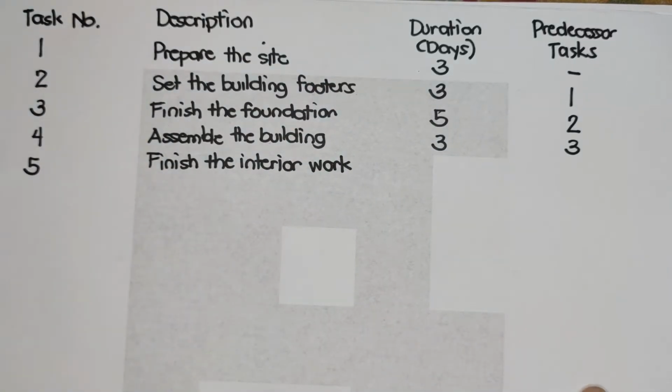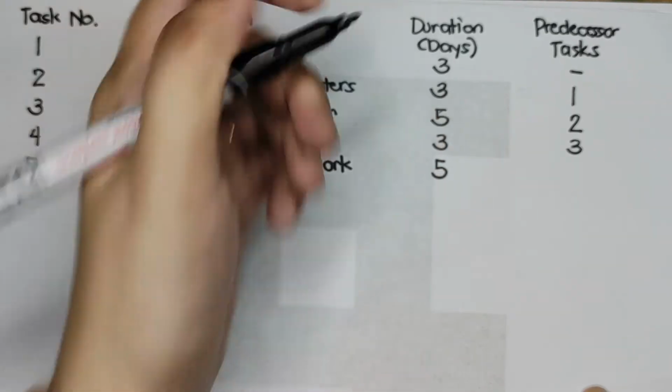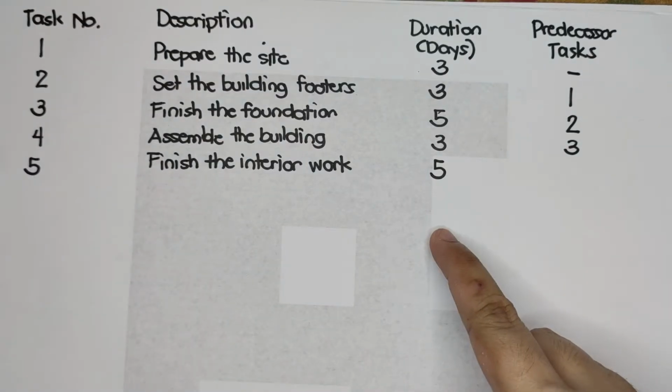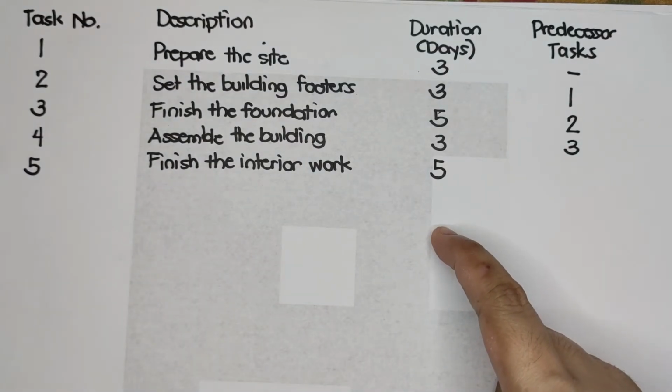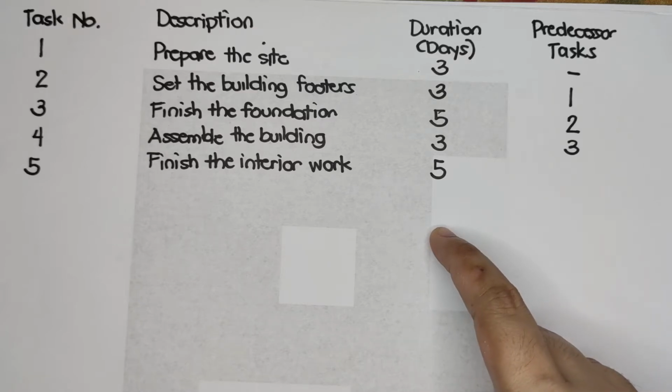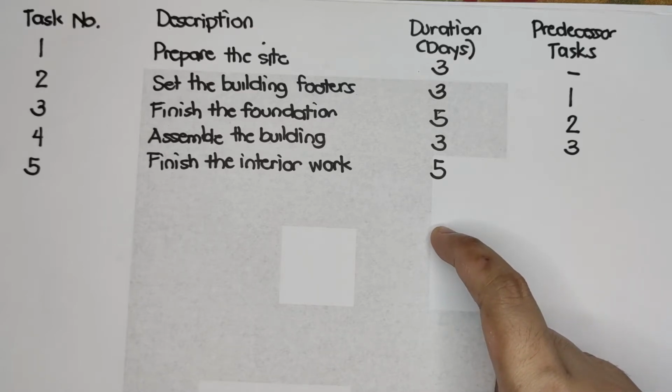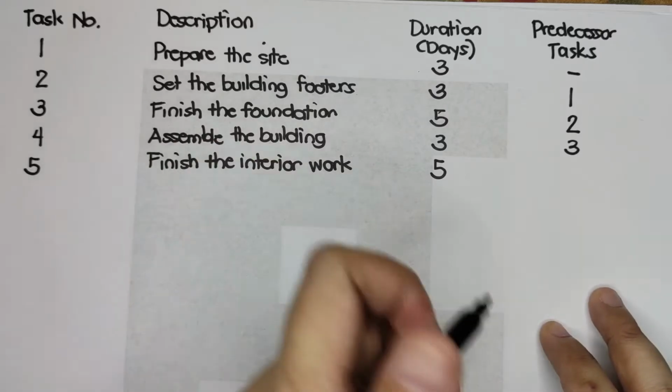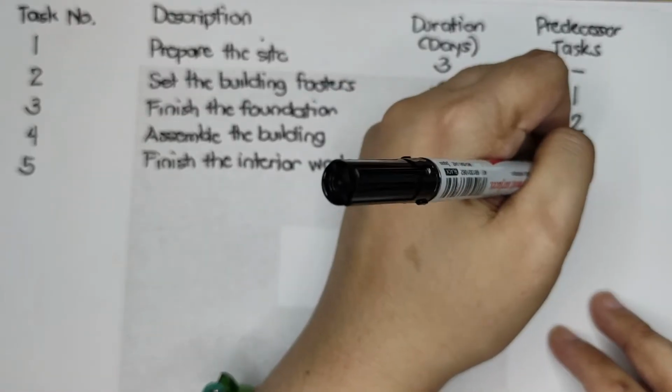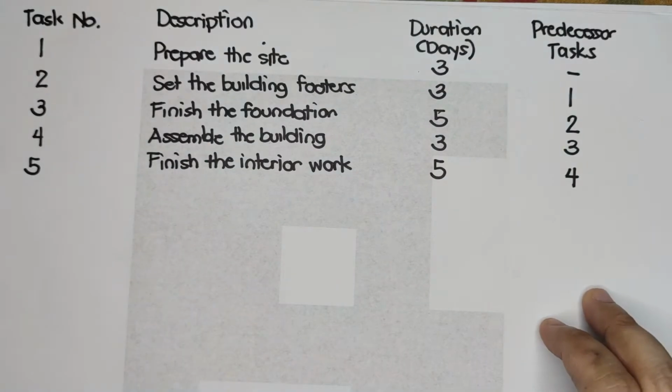Duration is 5 days. And then its predecessor, it's indicated that when the building is assembled, meaning after task 4 is finished. So, its predecessor would be task number 4.